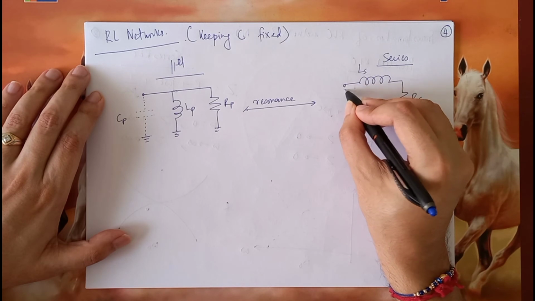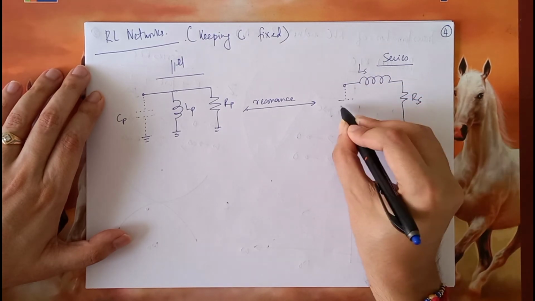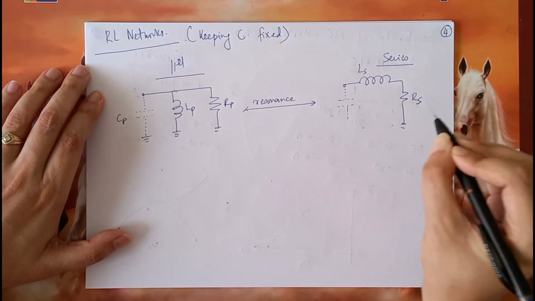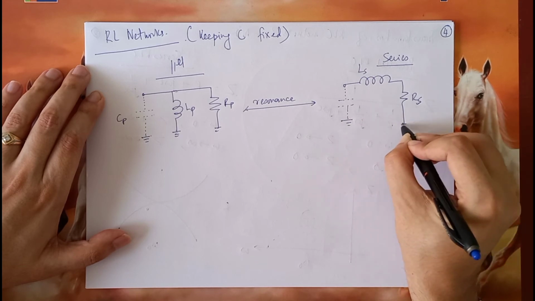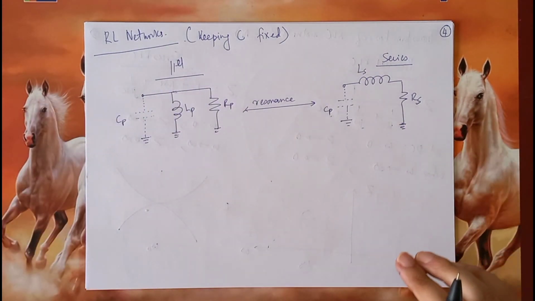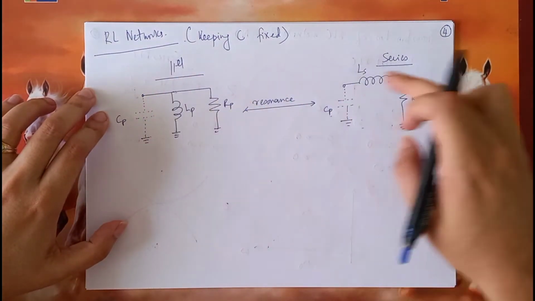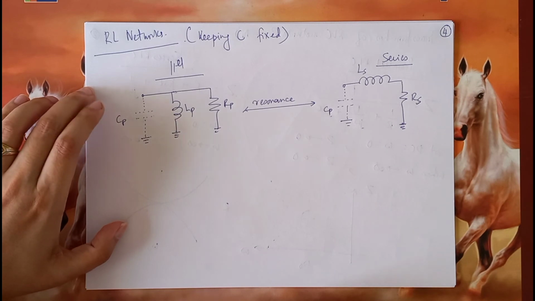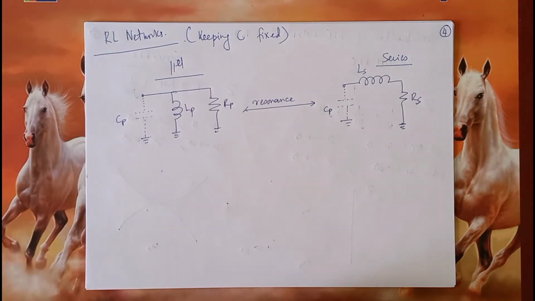It is still here, and its value also does not change. That is the effective meaning of transforming only the R and the L. This is what we want to achieve to correlate these two at resonance.